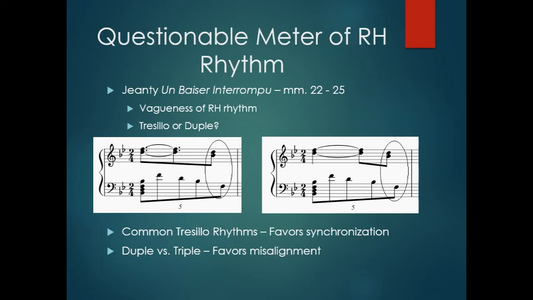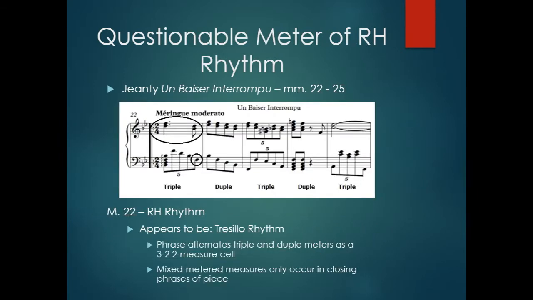So if this is a tresillo rhythm, then we would favor to synchronize with the 5-beat syncopated rhythm. Whereas if this is a duple rhythm, then we would favor to misalign. I actually believe that this is a tresillo rhythm because the way that this piece is constructed is that he uses the 3-2 two-measure cell.